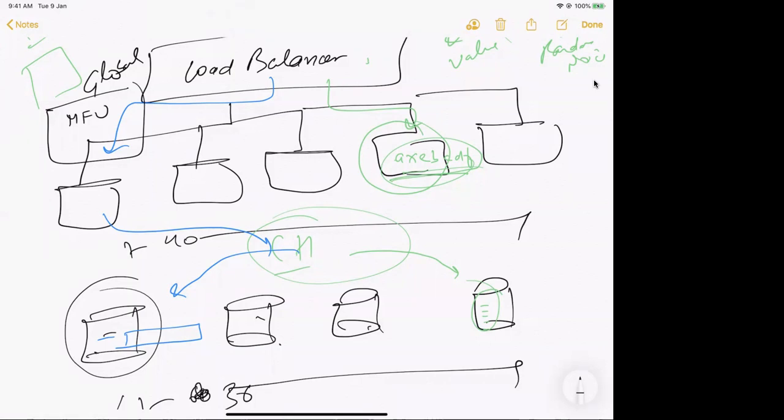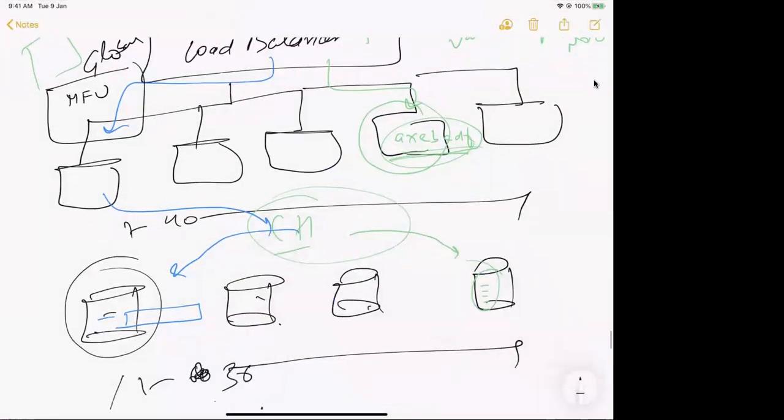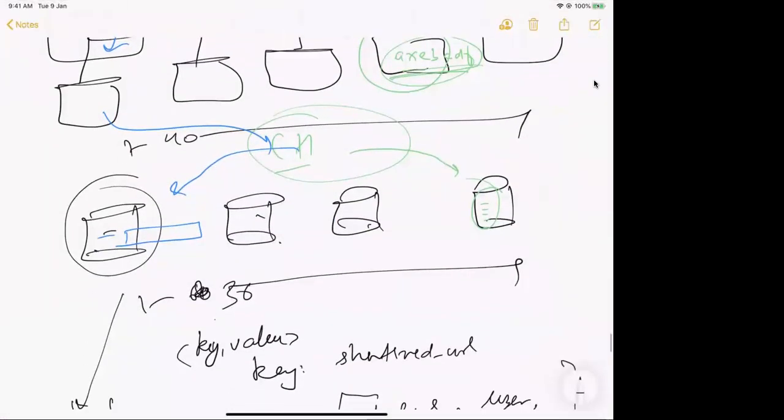Let's assume your hash values happen to be between 1 to 1 lakh, and let's assume there were 4 boxes. So you are saying 1 to 25,000 key values are going to sit in the first box. 25,001 to 50,000 is going to sit in the second box. 50K plus 1 to 75K is going to sit in this box. 75K plus 1 to 100K is going to sit in this box. This is what you're saying?